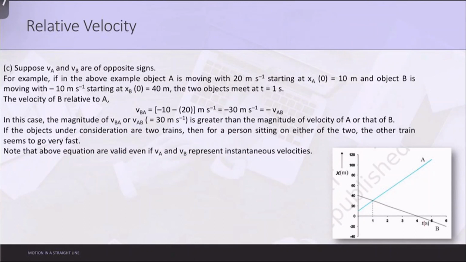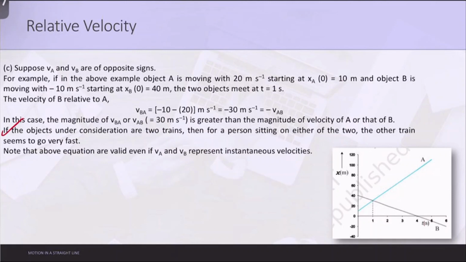In this case, the magnitude of VBA or VAB, which is only the negative of VBA, is 30 meter per second, which is greater than the magnitude of the velocity of A or that of B. If the objects under consideration are two trains, then for the person sitting on either of the two, the other train seems to go very fast. So you understood the relative velocity concept, because the frame of reference is different in comparison to the ground.